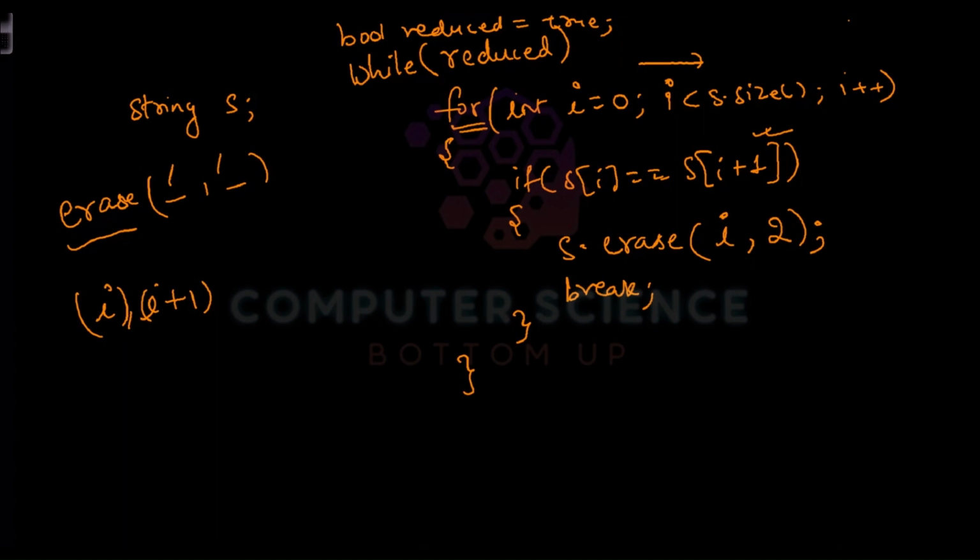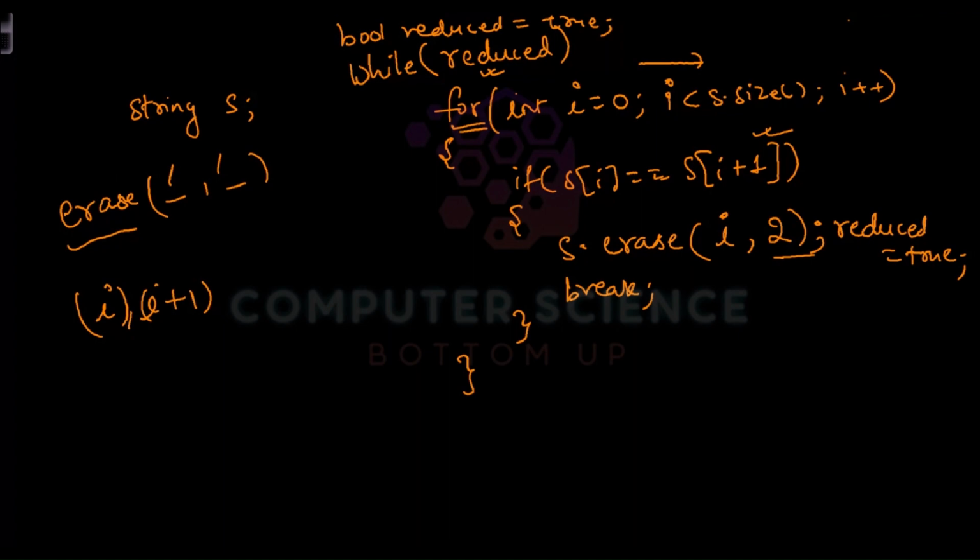It means that it does not need any more reduction according to the question. So in that case, reduce has to be made false and we will get out of the while loop. Every time you are reducing it, so after s.erase, the next statement I will put is reduce = true, meaning that yes, the string got reduced, we got a new resultant string.